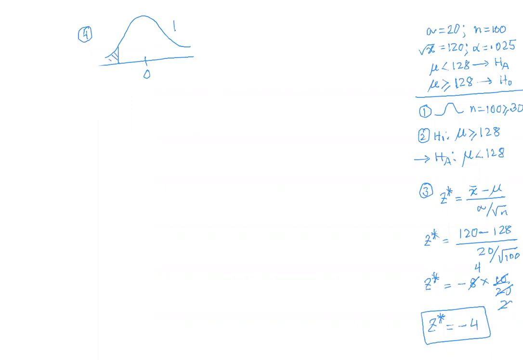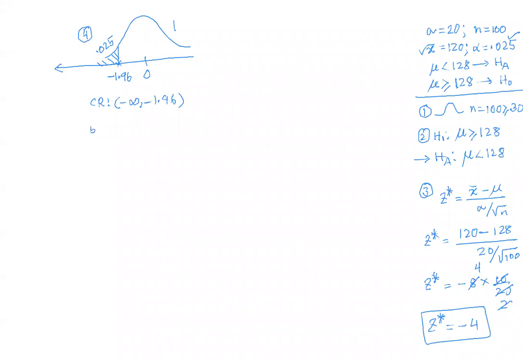Less than means left tail, greater than means right tail, and not equal to means both tails. And the alpha is given to be 0.025, and this point is negative 1.96. So your critical region is everything to the left. So critical region is negative infinity to negative 1.96.